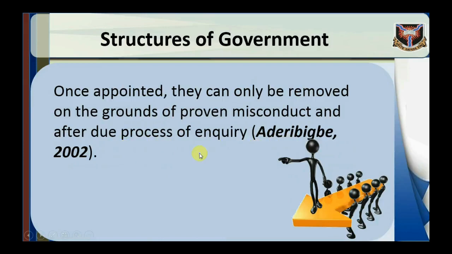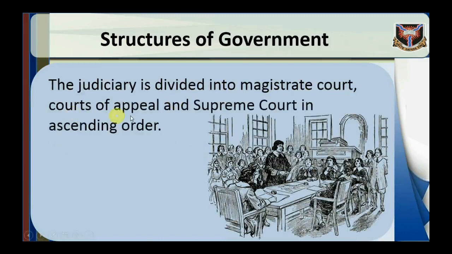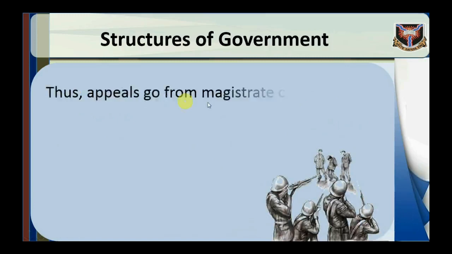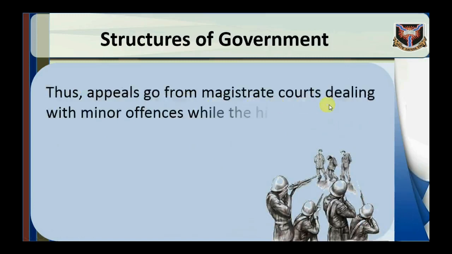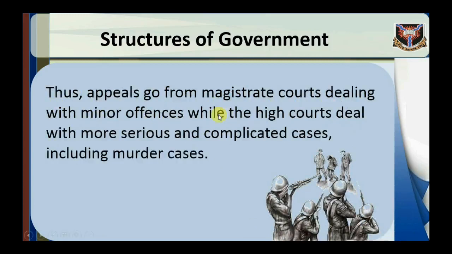Aderibigbe 2002. The judiciary is divided into magistrate courts, courts of appeal, and Supreme Court in ascending order. Thus, appeals go from magistrate courts dealing with minor offenses, while the high courts deal with more serious and complicated cases, including murder cases.